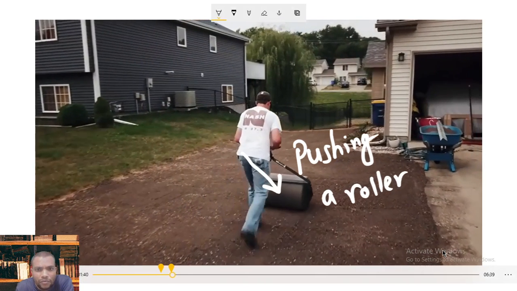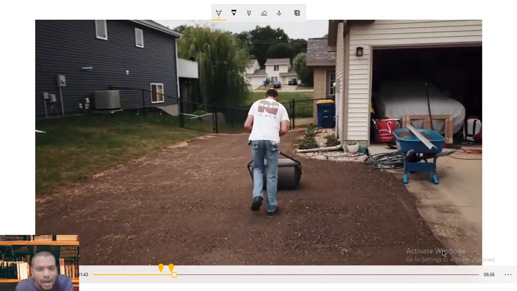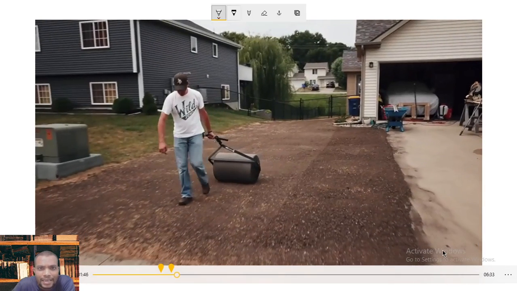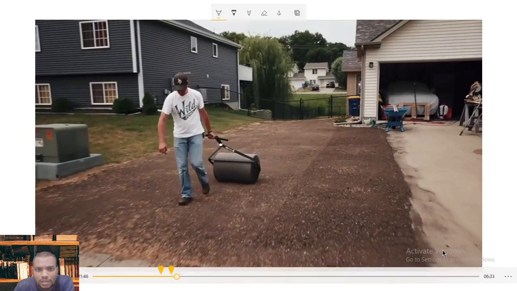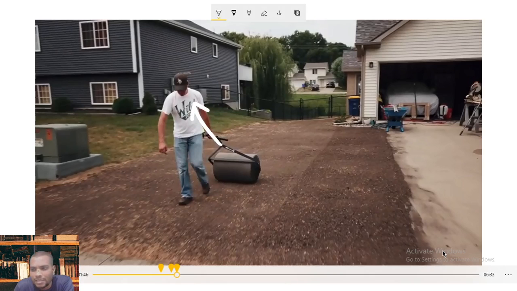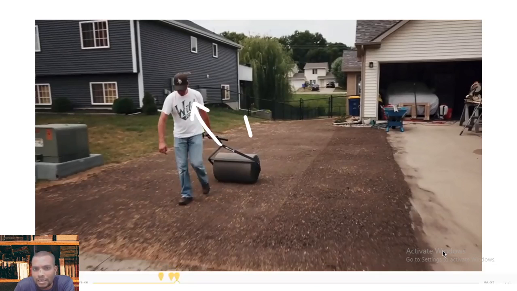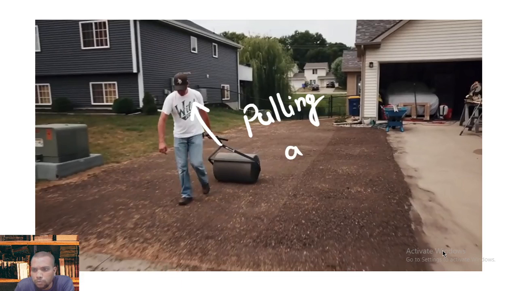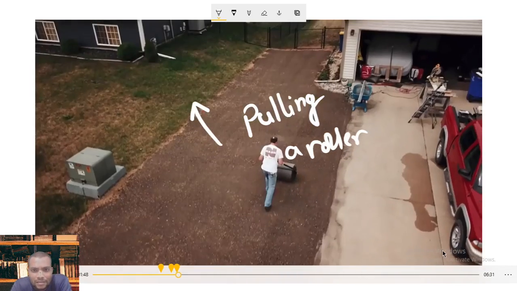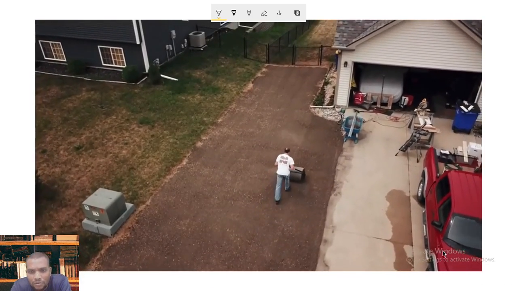So she needs to do work. And now she is pulling, so she is applying force in the upward direction. This action is known as pulling a roller. To do the action, we need to do work and apply force.